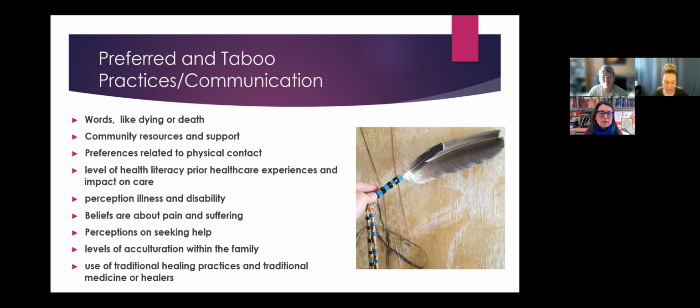So there can be different levels of acculturation and different levels of access to traditional healing. As a provider that's been in a community for a long time, you may be aware of a traditional healer, whereas a younger patient who's not as connected to the community that comes and sees you might not be aware of that provider. So just be aware of those types of dynamics.